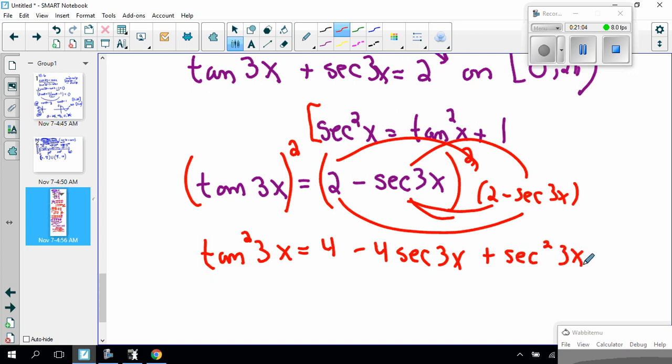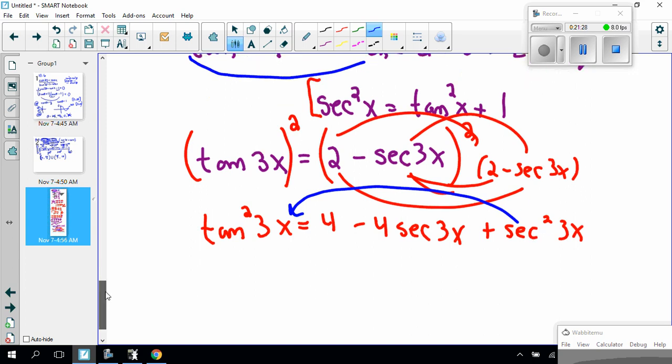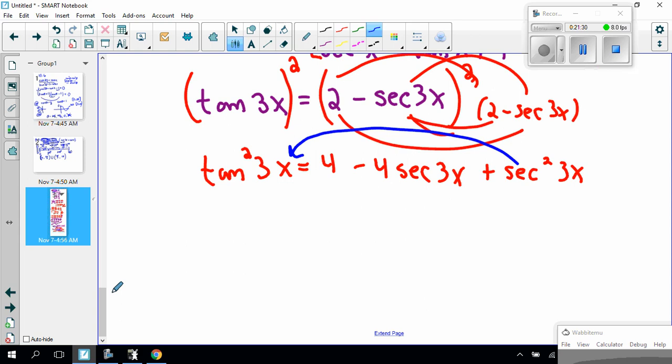Now understand, anytime you square both sides, you potentially added solutions. So we're going to have to check to see if they're actually solutions. That's true in algebra. Now, the reason I didn't square it here is I would have got a plus secant squared. But since I moved it over, I knew I'd get a plus secant squared, and then I could move it back and get a minus secant squared. Seems like a dirty trick in a way.